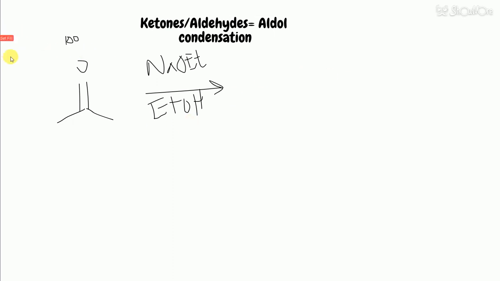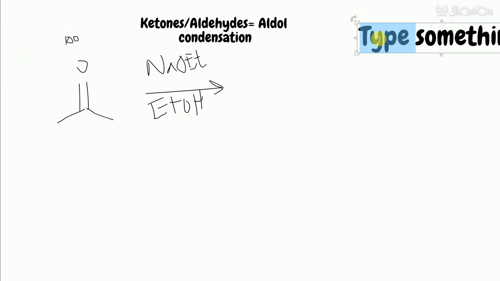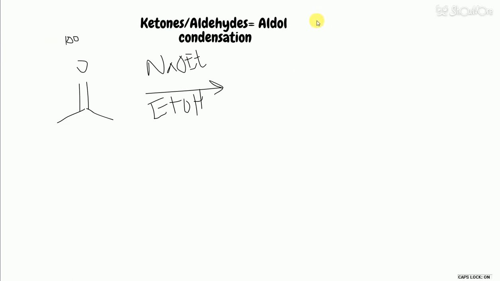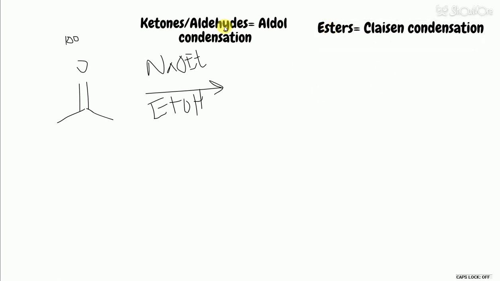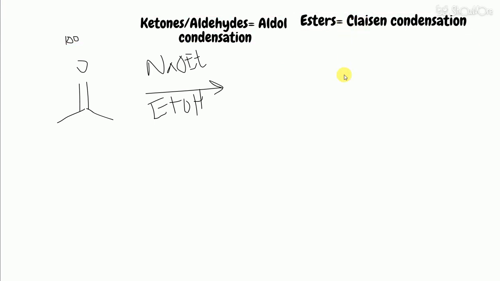And whenever we use an ester, bring this over here, right? So these are two of the basic reaction types that we have over here. They work the same way, just they work with different functional groups and they'll produce different looking products.